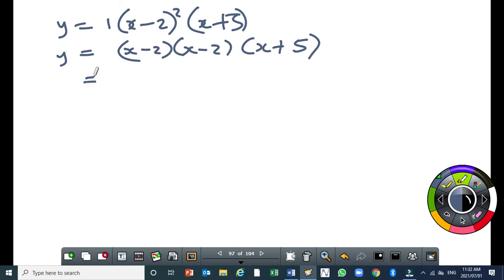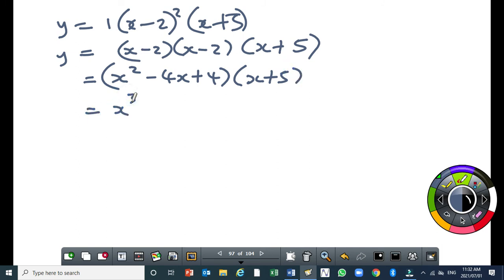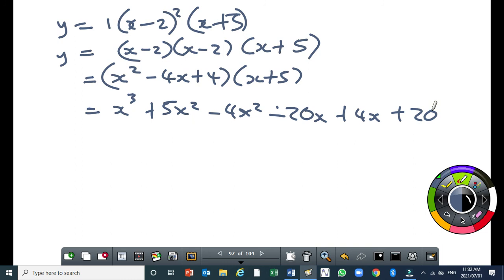And then you get x squared minus 4x plus 4 times x plus 5. And that will give me x cubed plus 5x squared minus 4x squared, minus 20x, then plus 4x plus 20.